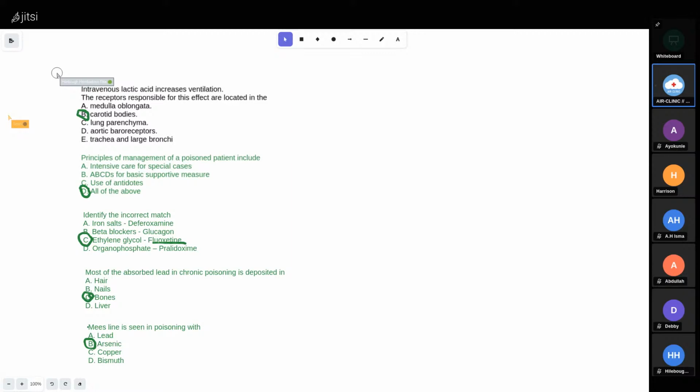Nicotinic is majorly skeletal muscles, while muscarinic is majorly glands and smooth muscles, like the GI tract, anywhere you have smooth muscles and glands. Of course, lacrimation involves a gland, the lacrimal gland of the eyes.